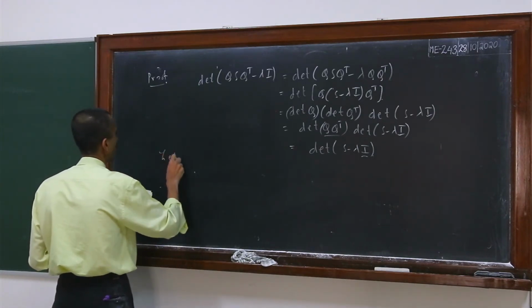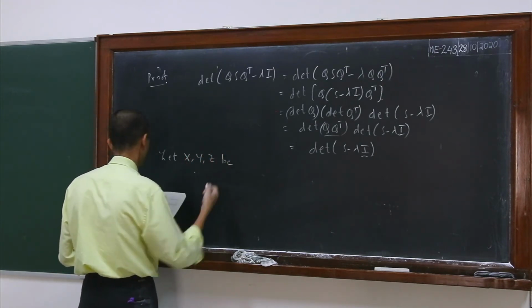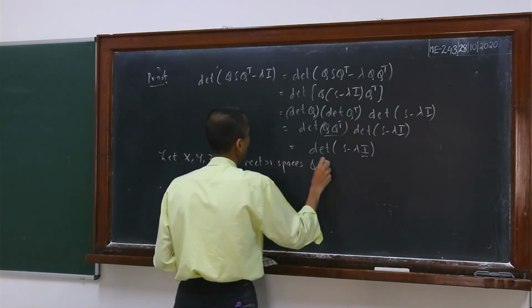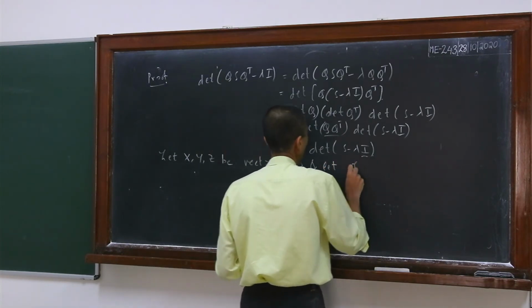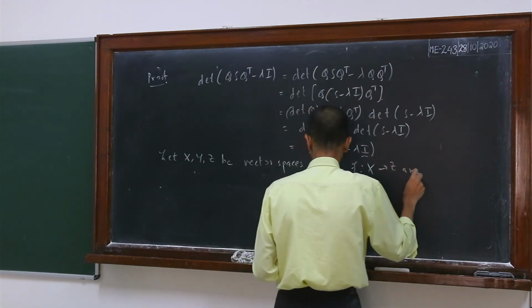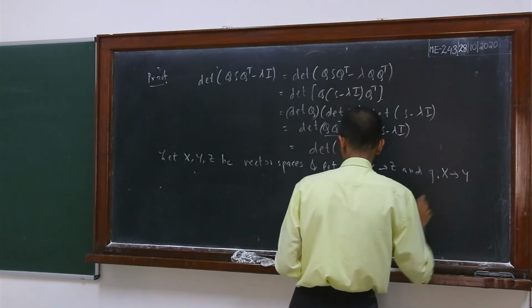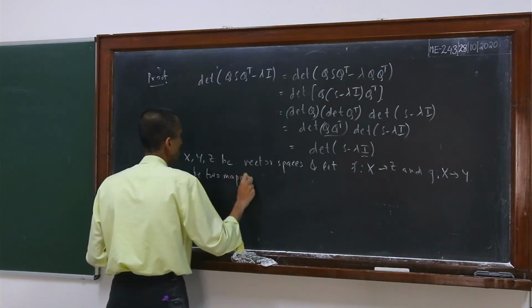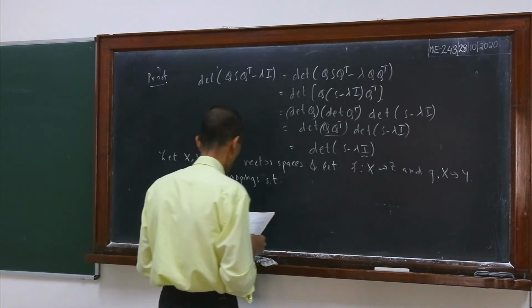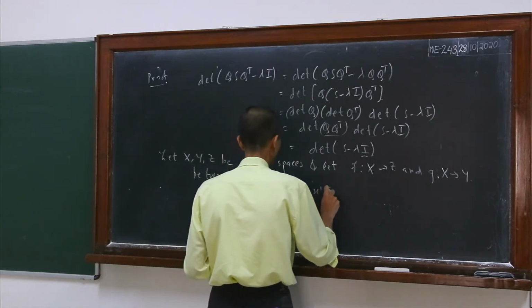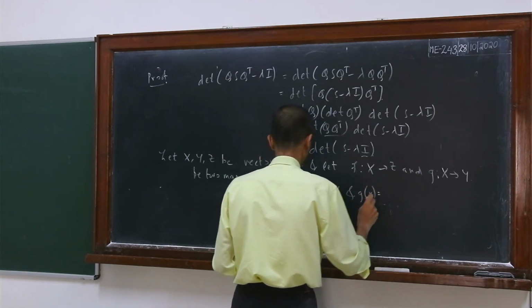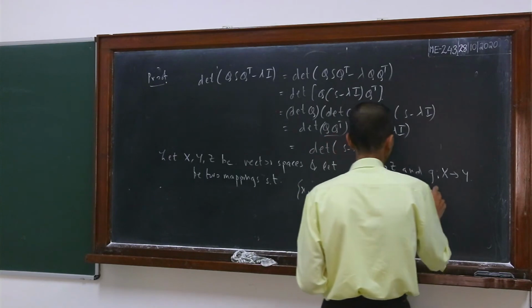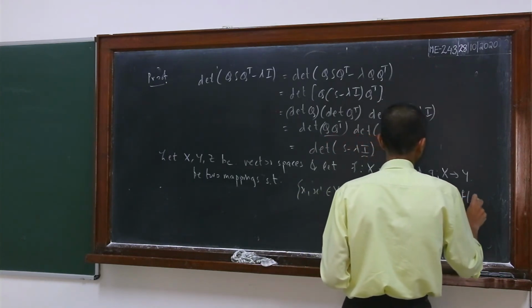Let X, Y, Z be some vector spaces, and let f from X to Z and g from X to Y be two mappings, such that for x, x prime belonging to X, g of x equal to g of x prime implies that f of x is equal to f of x prime.